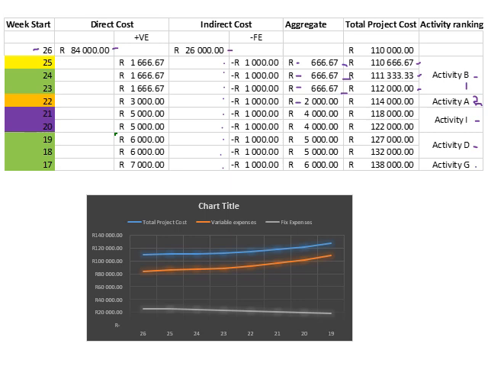Okay, so we can see there's a bit of a jump here, and we can see there's another 2,000 jump from week 22 to week 21, and then it stays the same, and then we can see another 1,000 Rand additional. Okay, and then we can see there's a 6,000 Rand jump that we've got here.